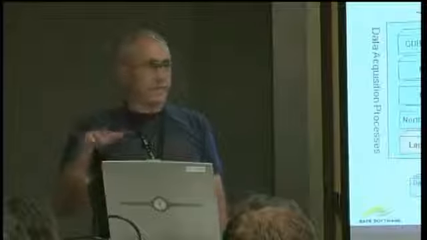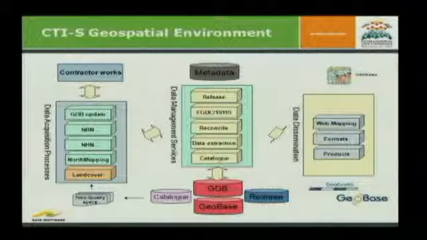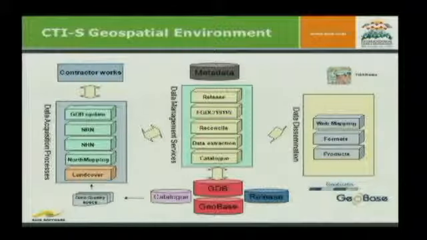At the high level of our geospatial environment at the center, we have the enterprise database, the GDB, which is the geospatial database, and the GeoBase database. And also for metadata, we follow the FGDC and the ISO standard.